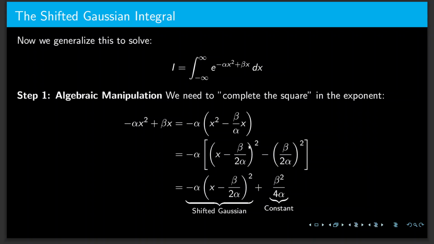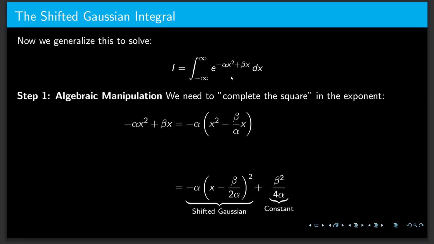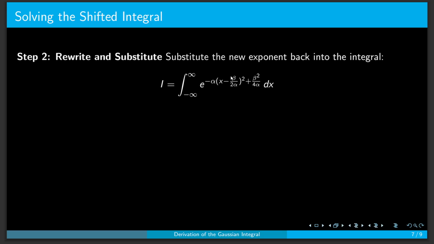It is quite easy. If you find confusion here, you can just comment. Now we have these two terms, and remember they are the power we are solving for. So step two, we rewrite and substitute the new exponent back into the integral.